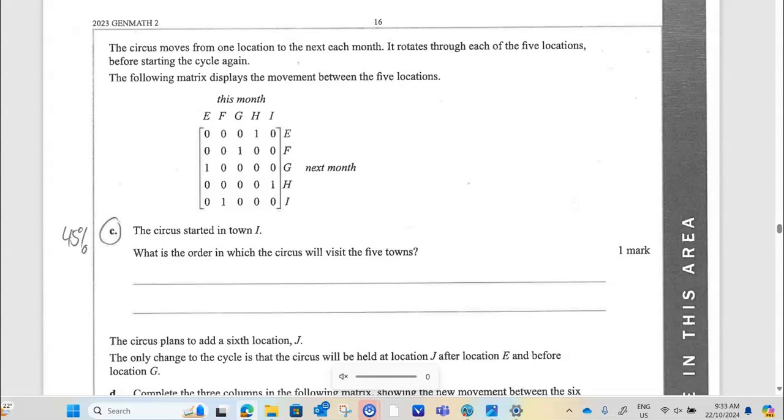Okay, if the circus started at town I, you've got to think, this month I'm at I. What is the order of the 5 towns?